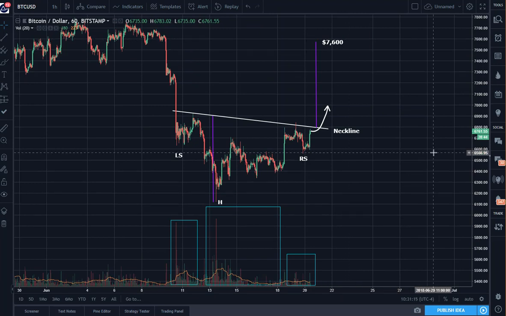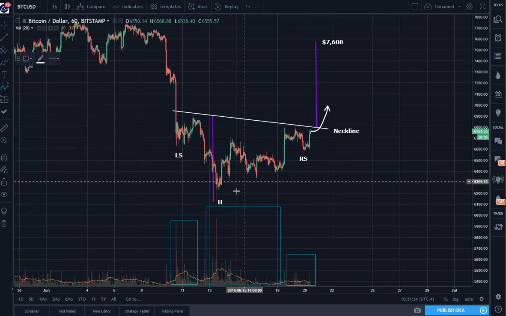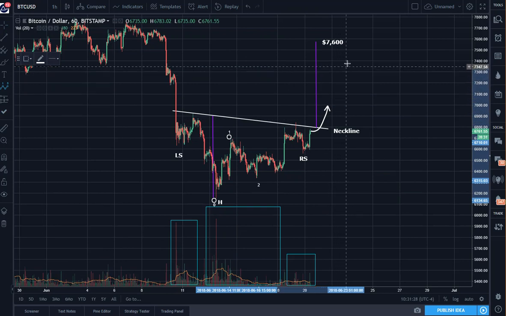Now, if I add my Elliott waves to this, it would be very similar to what I had before, that we probably will be, if this is correct, wave 3 will probably be up here.